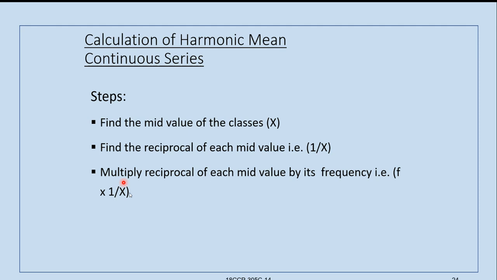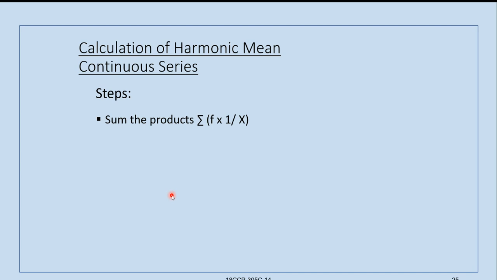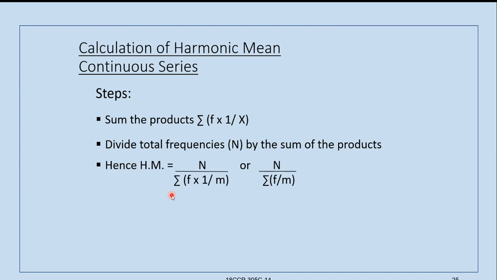Here, third step you see, the reciprocal of each mid value is multiplied by its frequency, right? That means f into 1 by x. We will see another step.